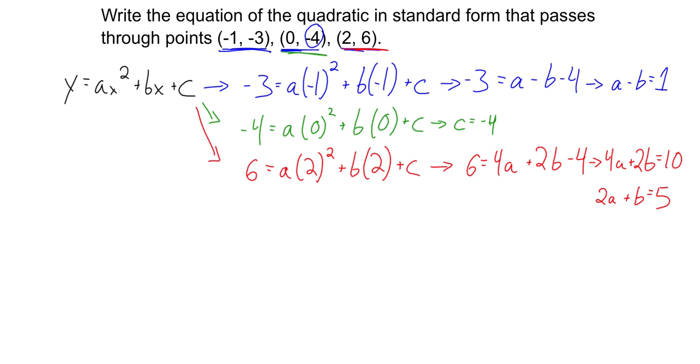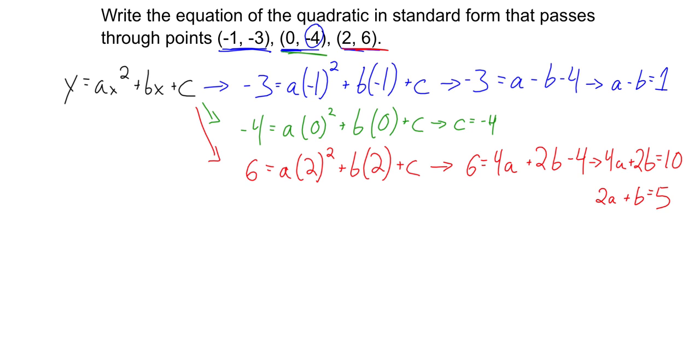These are both equivalent statements, but this makes it easy for my next step, which is to combine these two functions. Just like I did in the previous chapter, I'm going to try and combine these in such a way. I can use substitution, elimination, inverse matrices, or Cramer's rule.